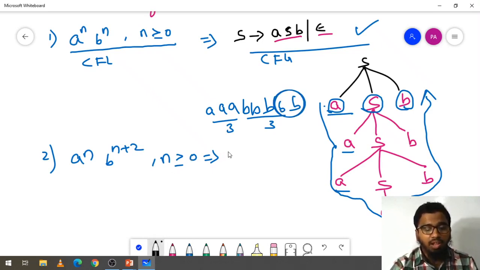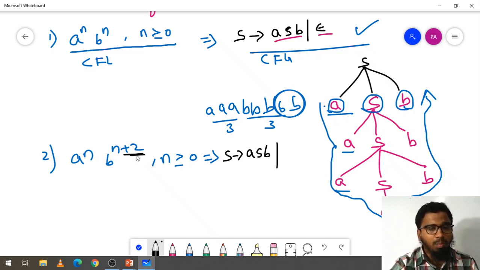The grammar is S: for a power n, b power n, we just finished that. So as it is, terminal, non-terminal and terminal, then whenever we have plus 2, plus 3, plus 5, any number, no problem.